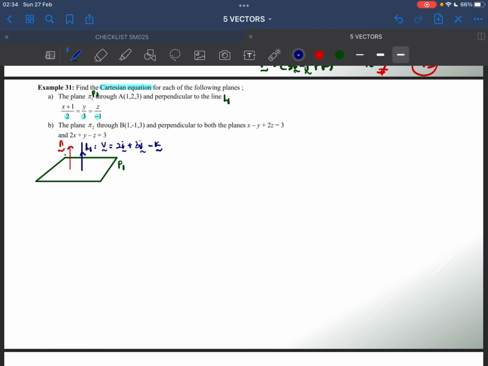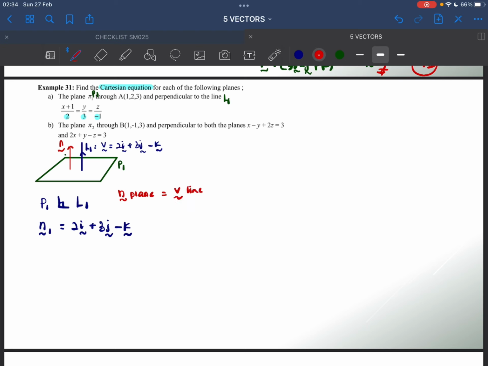Let's just repeat: plane 1 is perpendicular to line 1. So that means the normal for plane 1 is equal to 2i plus 3j minus k. The normal for the plane is equal to the vector of the line.